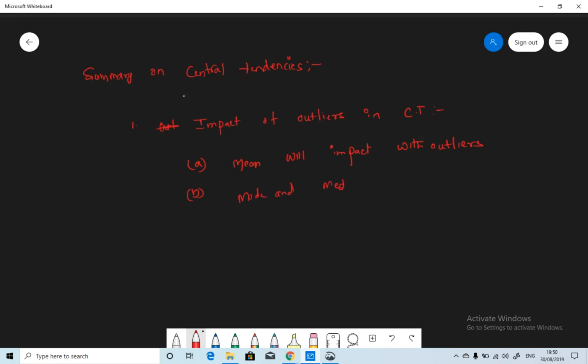Mode and what's the impact on outliers. Write down these points. This is what is important for us.